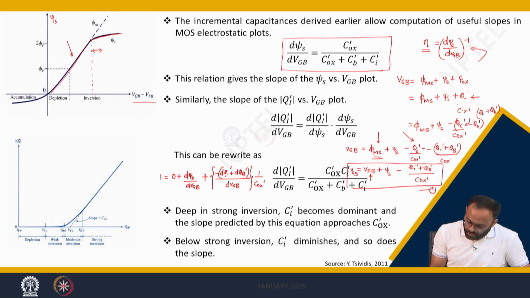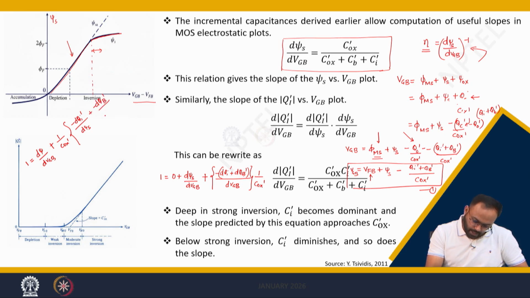Now, if we do some further simplification, you will get d psi by dVGB. This can be written as plus 1 over Cox dash and this can be written as minus dqi dash by d psi s plus minus dqb dash by d psi s into d psi s by dVGB, because these are the known quantities to us. This is nothing but Ci dash, this is nothing but Cb dash.